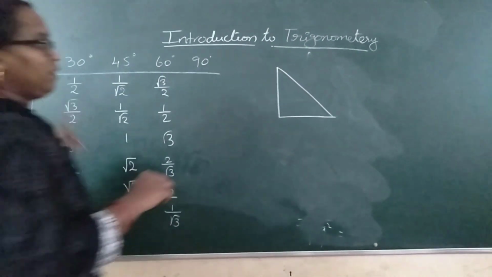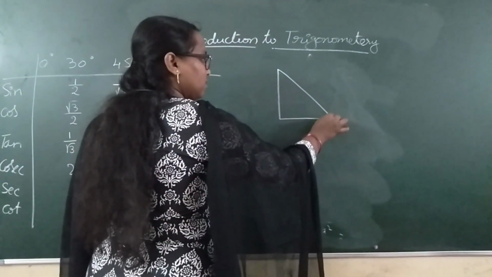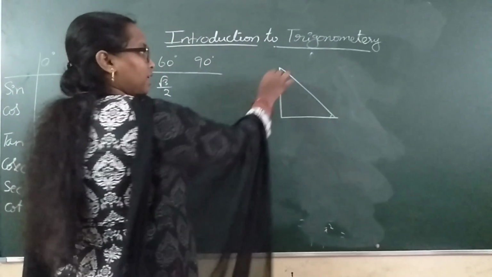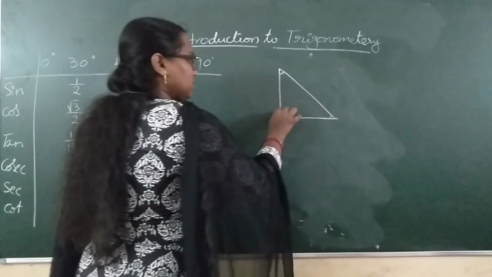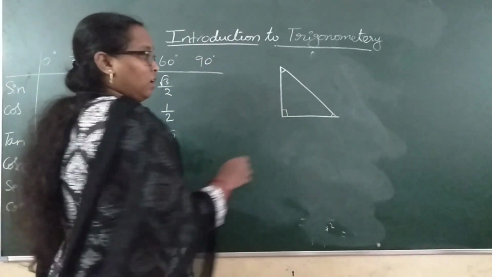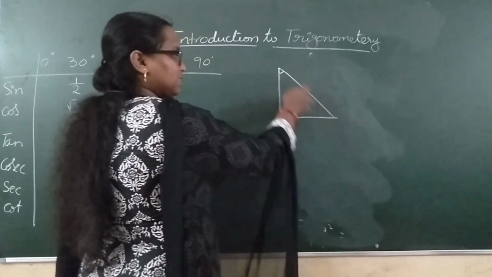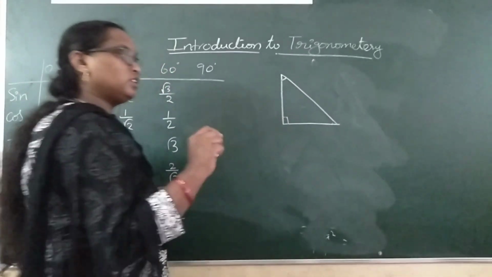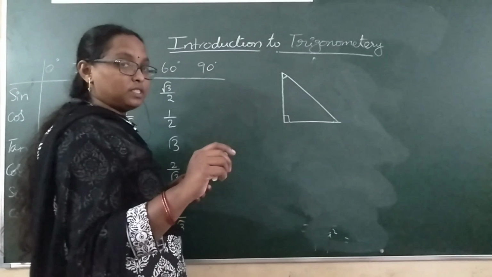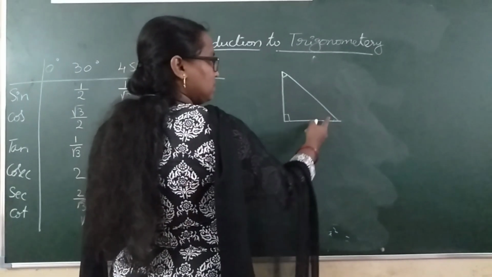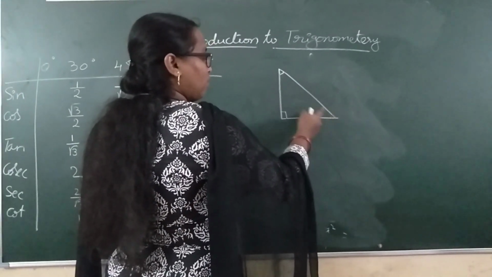Either here the angle should be 0 or here it should be 0. Since this is fixed, when there is a slant, there must be another angle. But here they said 0 degree. 0 degree means this slant should not be there. Then what will it become? It will be reduced.